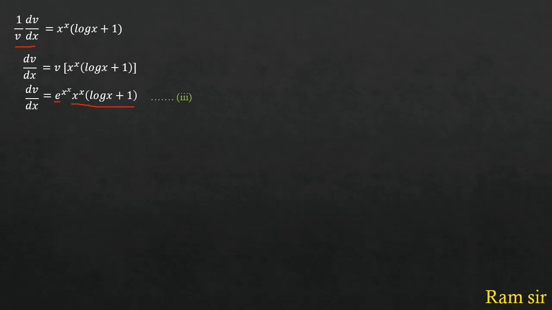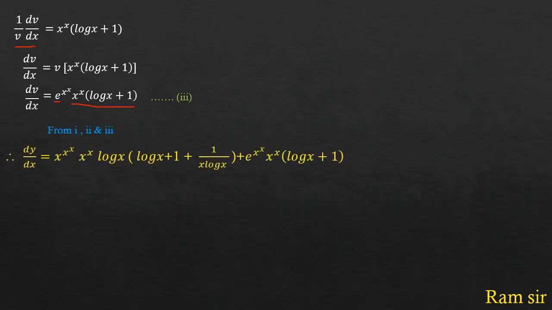So now if we check equation number 1, equation number 2 and 3, we get the answer of dy by dx is equal to, the first term is the value of u if we properly check our equation number 2, and the second term is the value of dv by dx. So by writing their values, du by dx का value और dv by dx का value हम equation number 1 में update करेंगे, then we get the value of dy by dx.